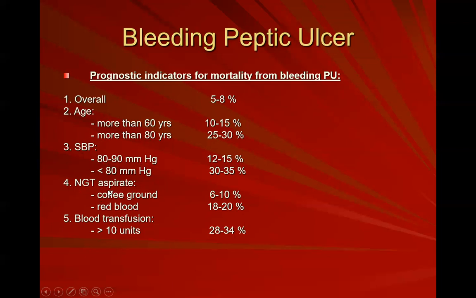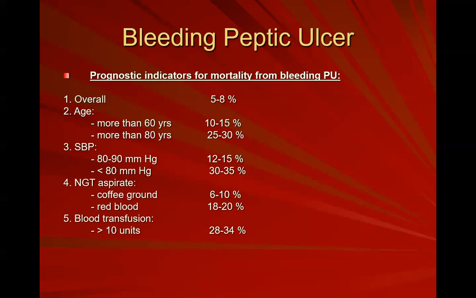In this case, the NG tube aspiration. So as part of the management, we have to keep the patient NPO, and we insert also a nasogastric tube. The function of the nasogastric tube is to aspirate or suction the content of the stomach.